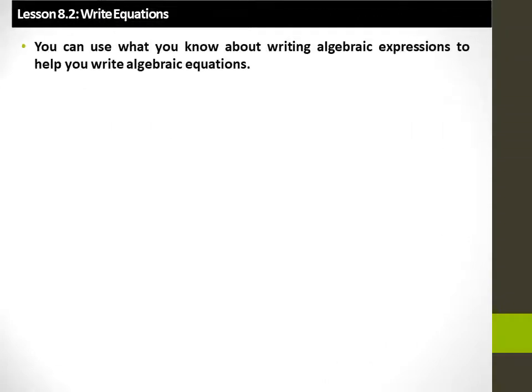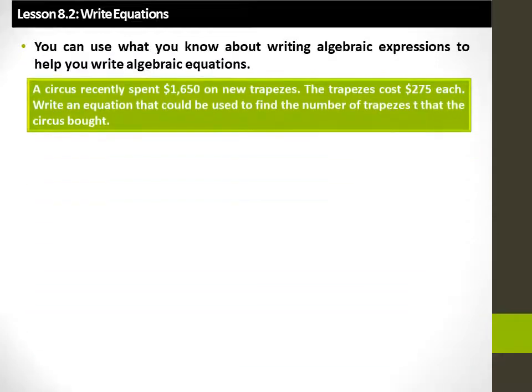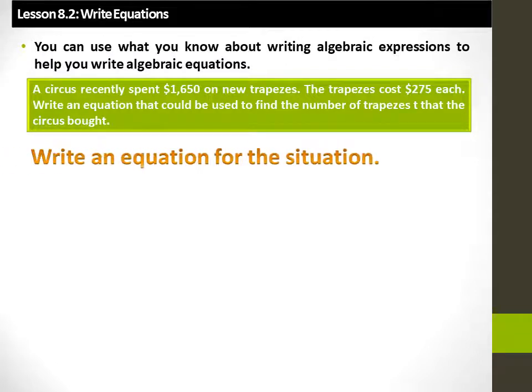Write equations. You can use what you know about writing algebraic expressions to help you write algebraic equations. A circus recently spent $1,650 on new trapezes. The trapezes cost $275 each. Write an equation that could be used to find the number of trapezes T that the circus bought.